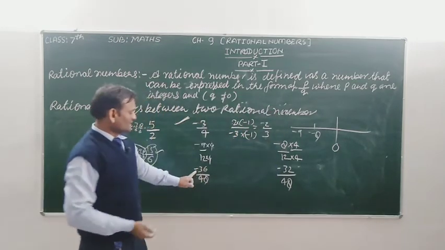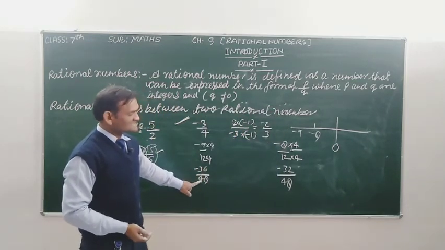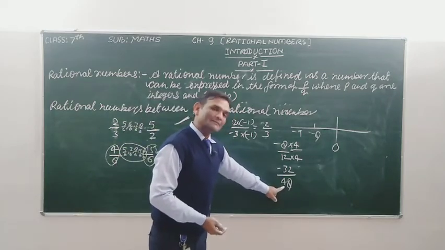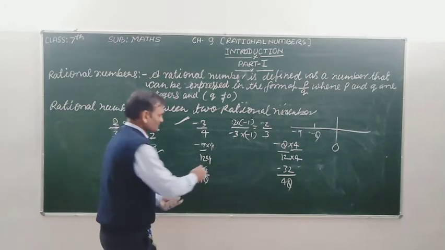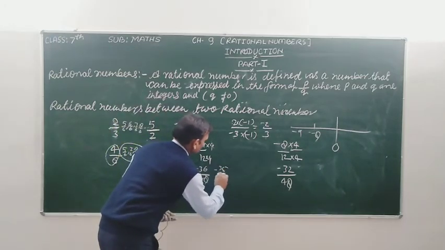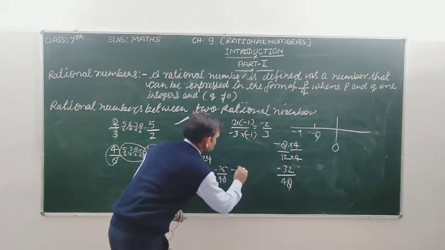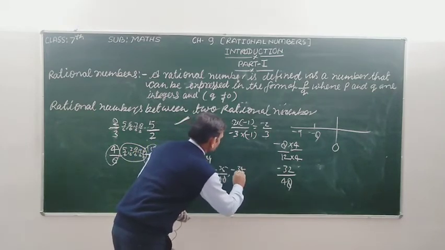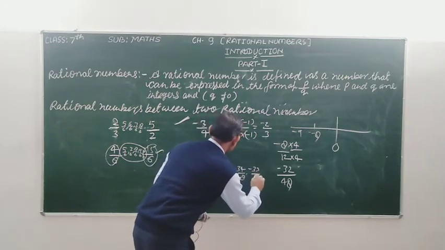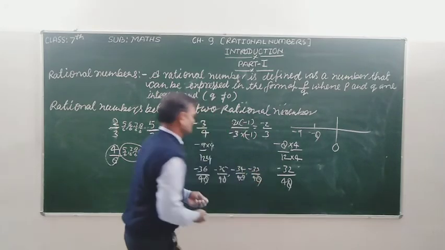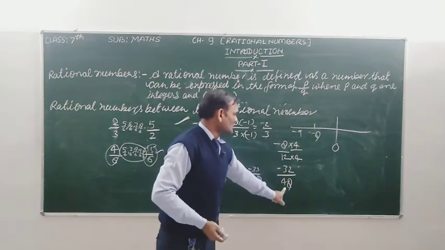Here, student, we are finding between minus 36 and minus 32 upon 48. So minus 35 upon 48, minus 34 upon 48, minus 33 upon 48.